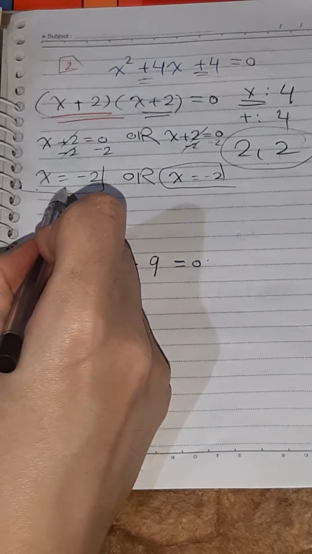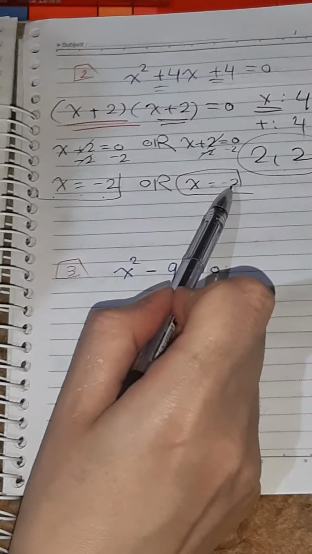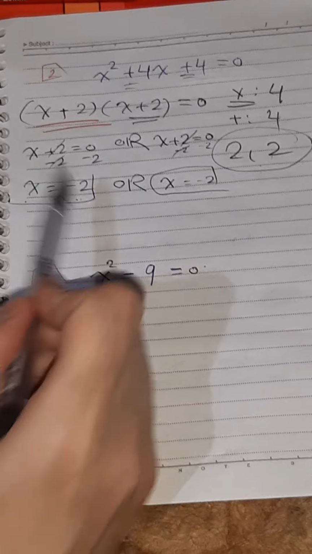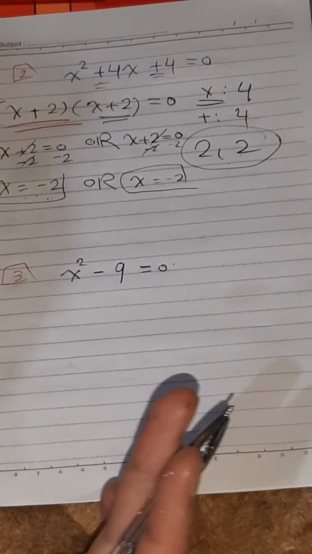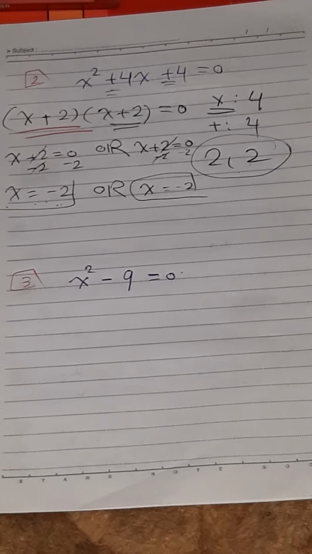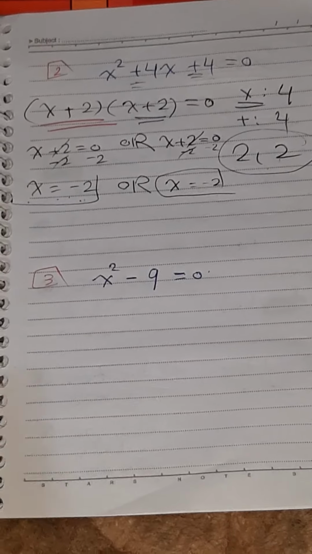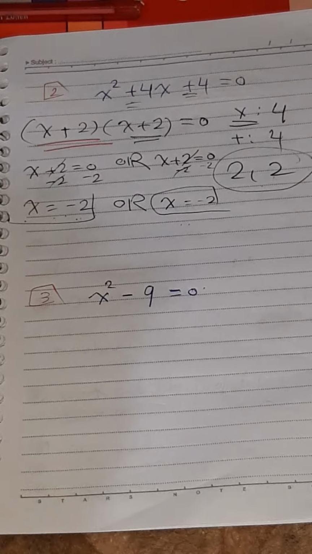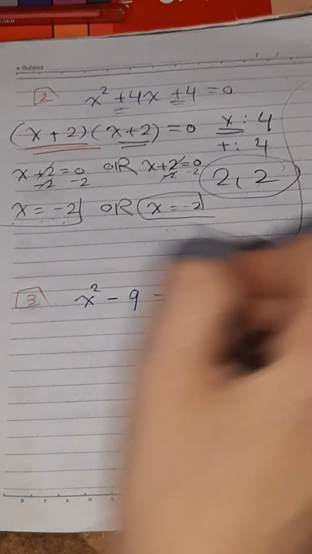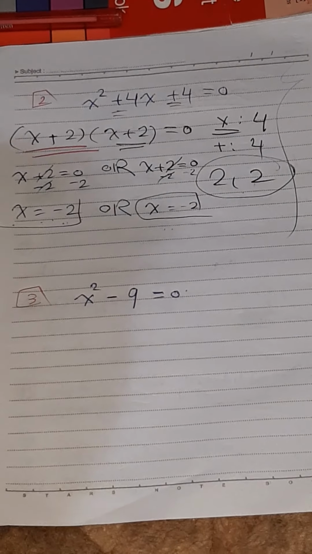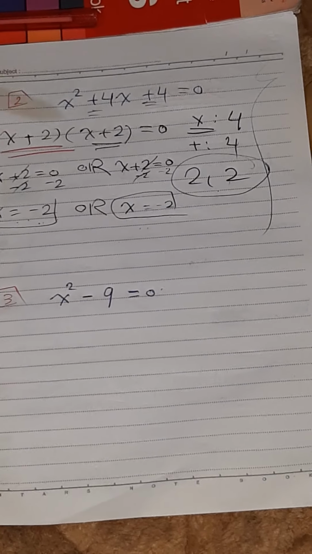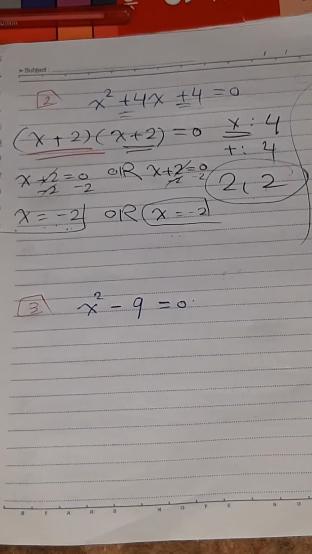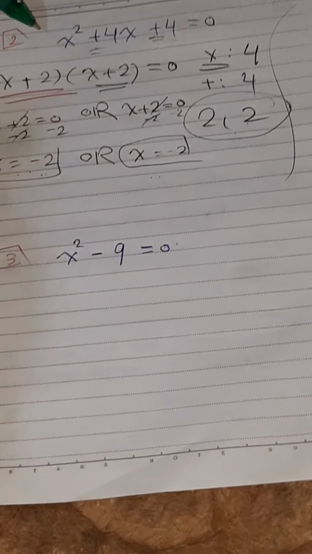The value of x is -2, but -2 is repeated twice. So it is the same value but repeated, meaning the solution is repeated. You will take equations like these in detail in 10th grade, inshallah. But if you got the same value, it means x is repeated, or the solution is repeated, or the roots.